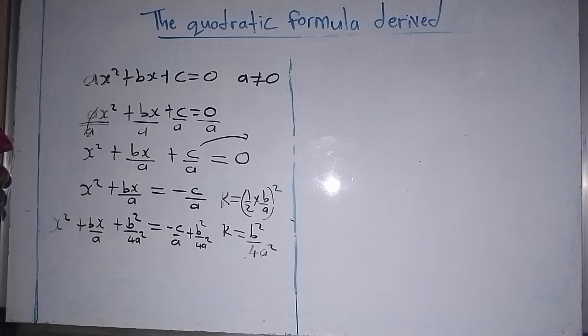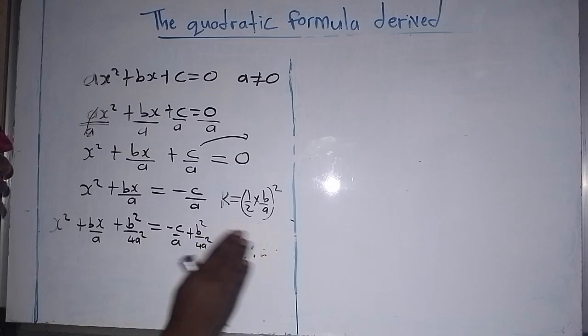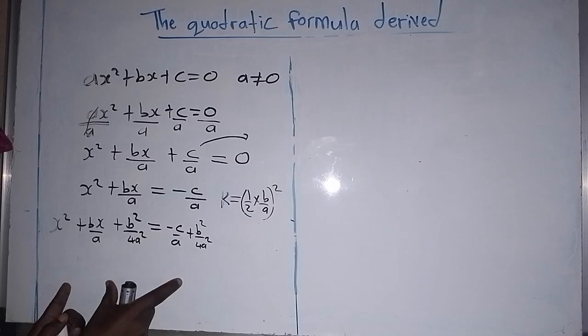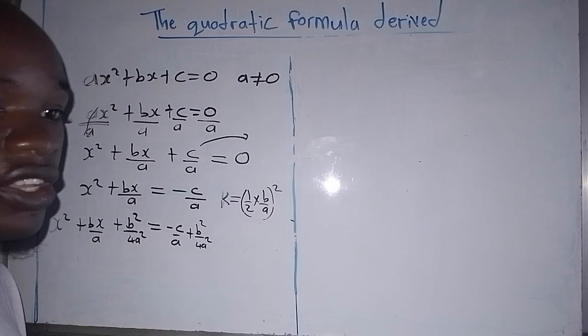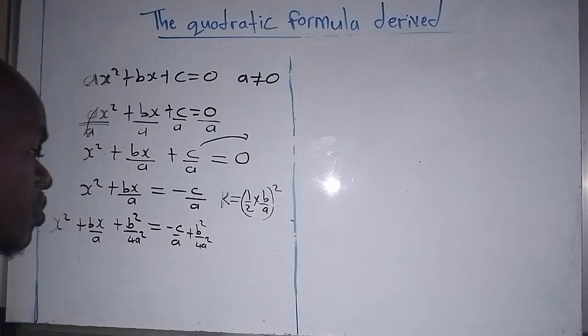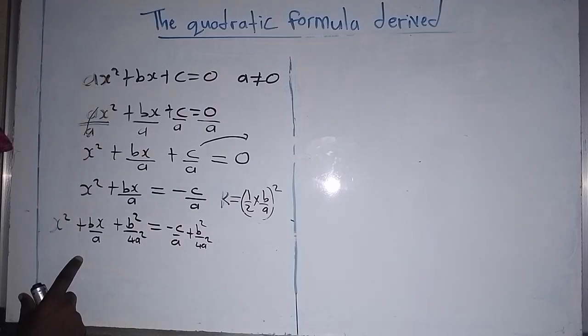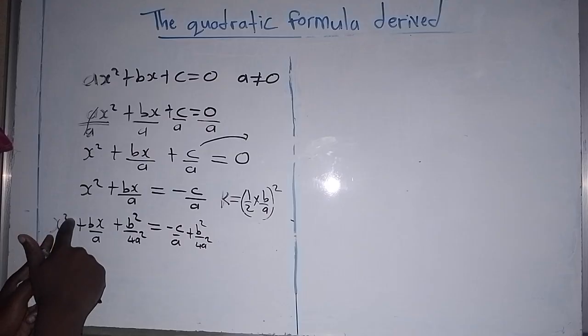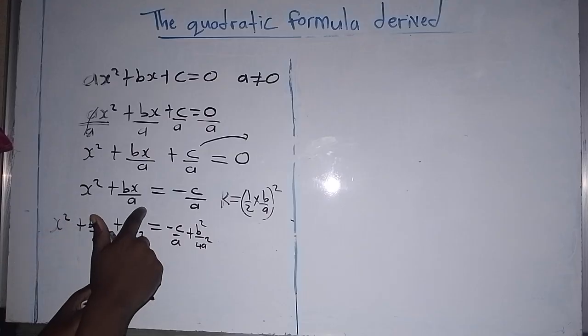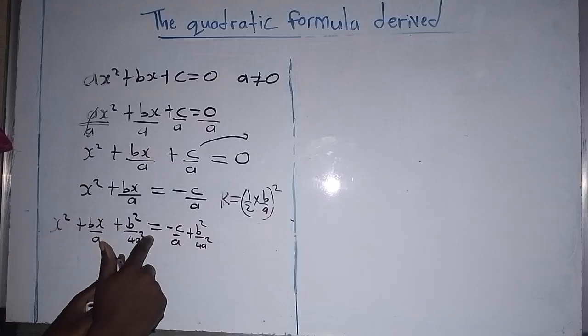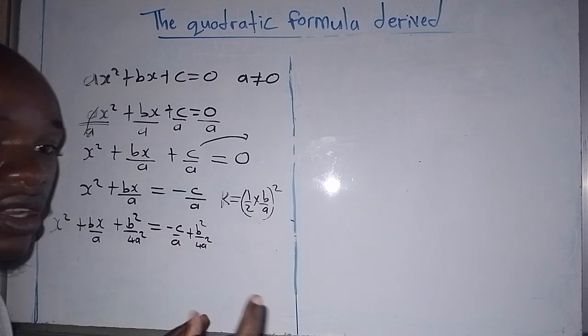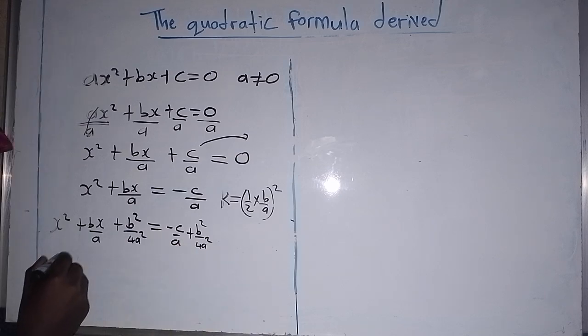Now, after we have added this to both sides of the equation, we want to put x squared plus bx over a plus b squared over 4a squared into brackets. So I open the bracket.